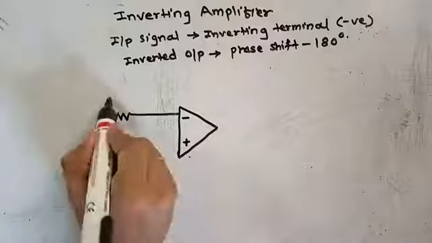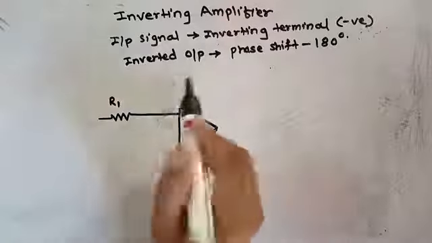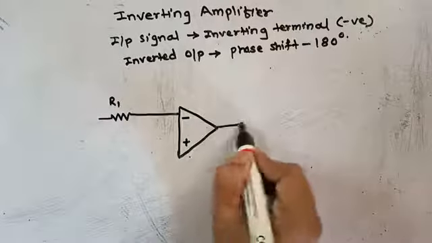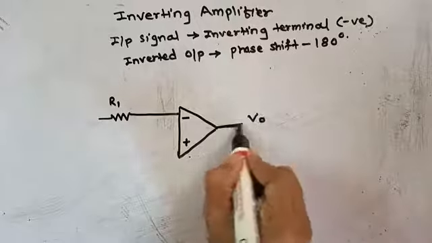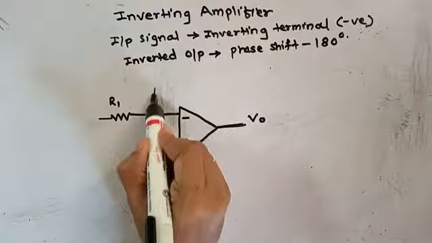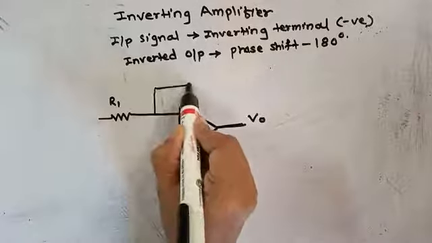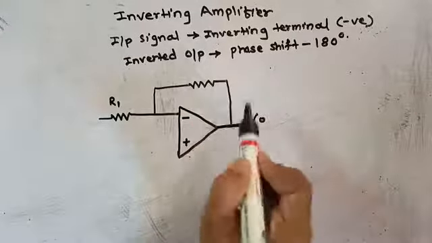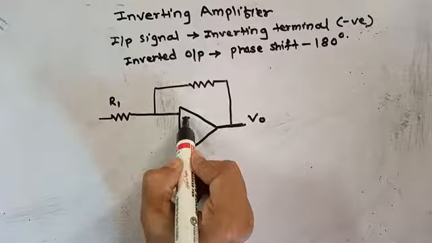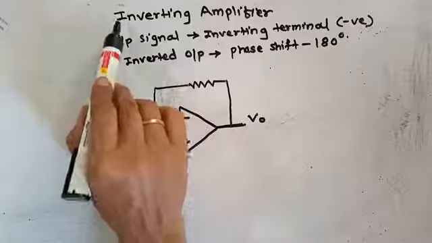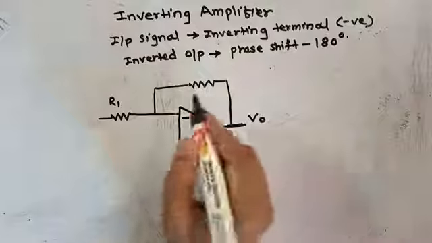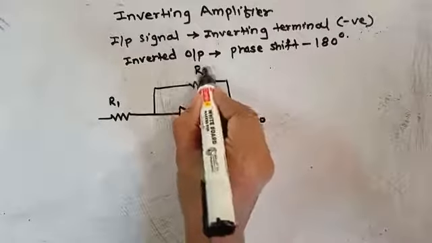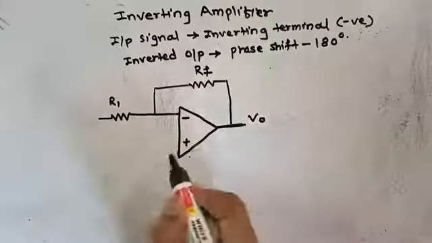This is R1, the input resistor. Then this is V0, so I can connect the feedback resistor in between the output and the inverting terminal of the op-amp, because it is an inverting amplifier. It is a feedback resistor, so I can give the name RF.